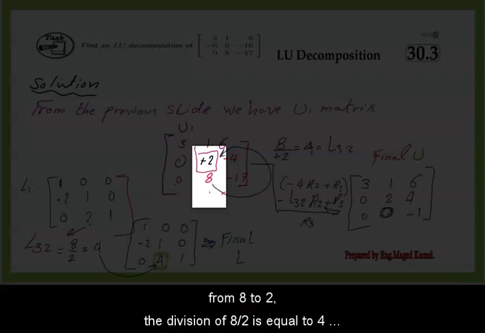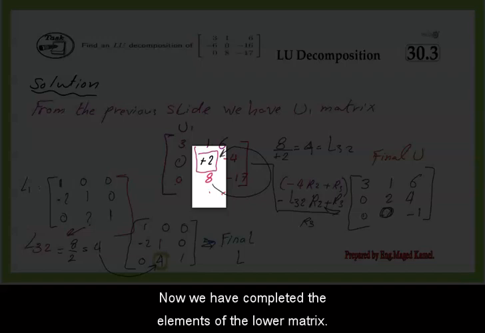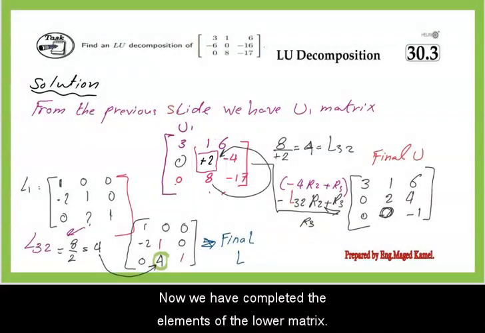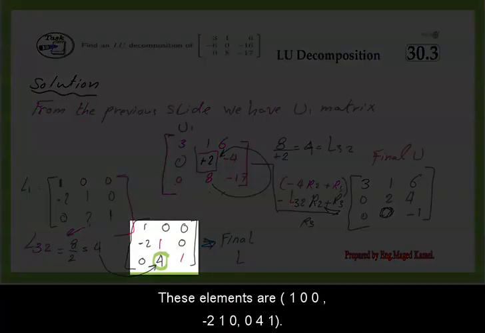Check the arrow which goes from 8 to 2. The division of 8 by 2 is equal to 4, which is the value of L sub 32. Now we have completed the elements of the lower matrix. These elements are 1, 0, 0, minus 2, 1, 0, 0, 4, 1.